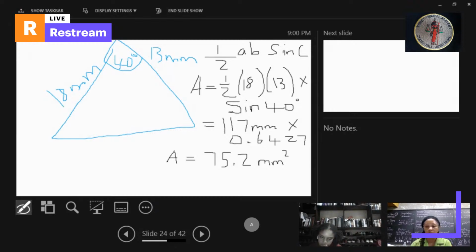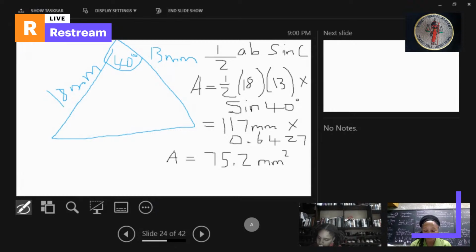Yes. So we revised the 3 ways that we find the area of the triangle, depending on what you are given. If you know the base and the height, you don't need to go any further: half base times height, whether it's a right angle triangle or not.